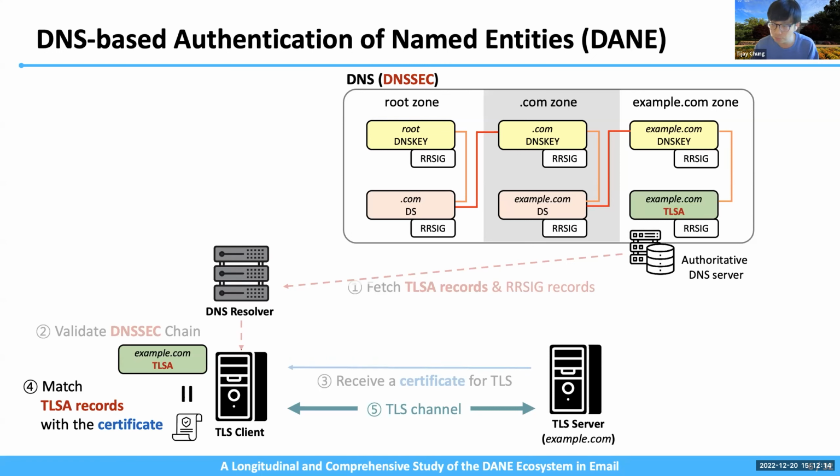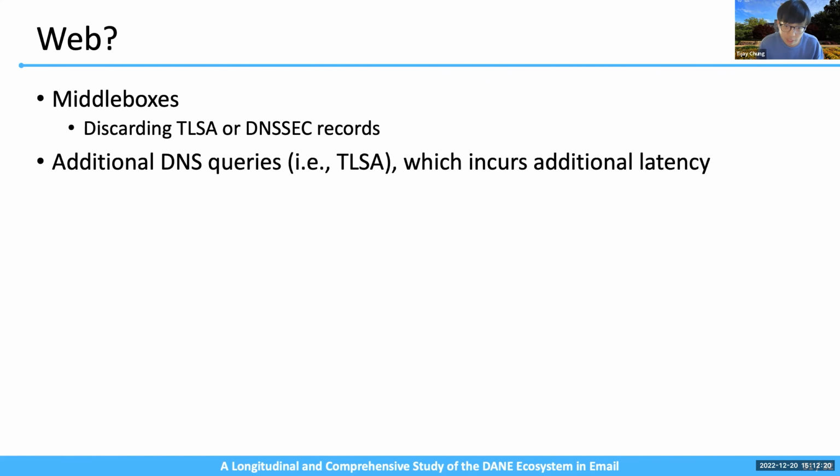So it can be used for any other application layer server that would like to use TLS. One example can be the web, HTTPS, right? So you might be wondering, hey, DANE looks cool, so can we use DANE for the current web ecosystem like HTTPS?